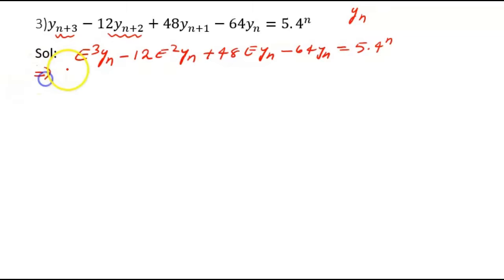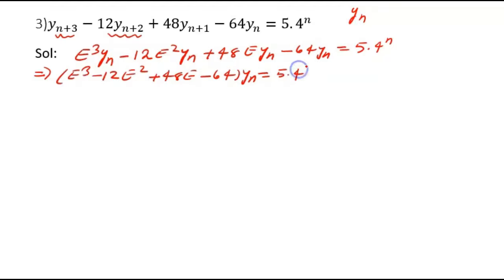So this implies (E cube minus 12E square plus 48E minus 64) yn is equal to 5 into 4 to the power n. First of all, what is the characteristic equation?